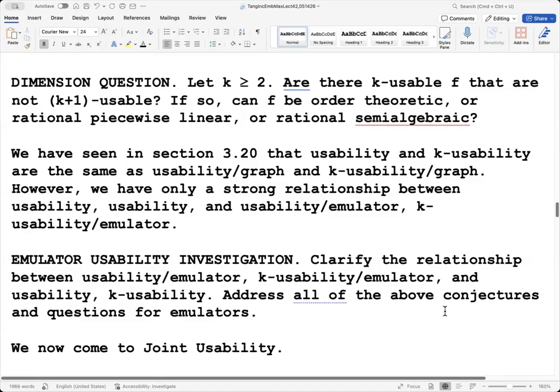So the emulator usability investigation: clarify the relationship between usability emulator and K usability emulator and usability K usability. Address all the above conjectures and questions for emulators.